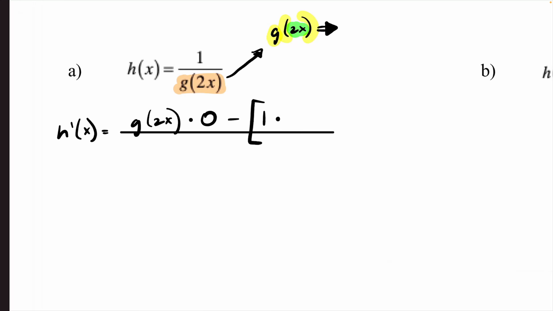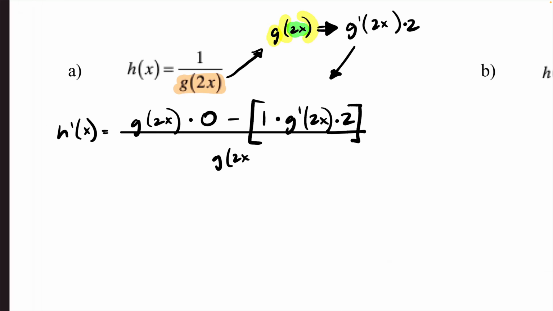So the derivative of the yellow is g prime, parentheses, rewrite the green. Chain, derivative of the green now, 2. So that's going to go in there. The bottom squared. So g of 2x squared.